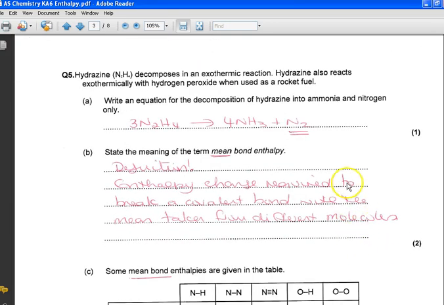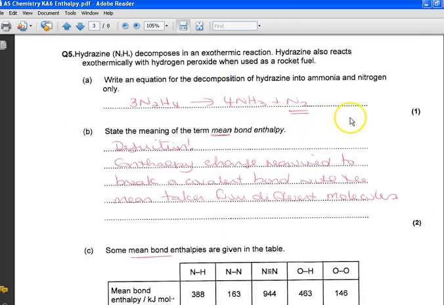Question 5. Write an equation for the decomposition of hydrazine, and you're given the formula, into ammonia and nitrogen. Now, if you don't know that the formula for ammonia is NH3, you're not going to get this right, but you should know it. That's one of the common formulae that you should know off by heart. And when you write nitrogen in an equation, you always write it as N2, in the same way as any other gas on the periodic table, apart from the noble gases.